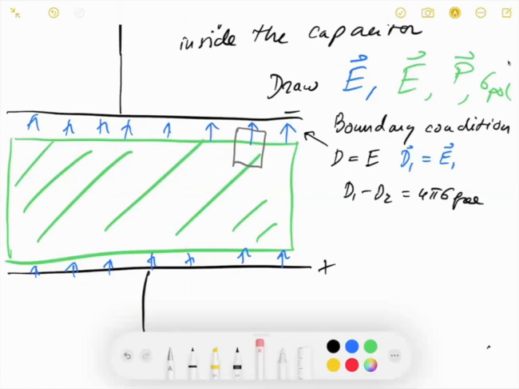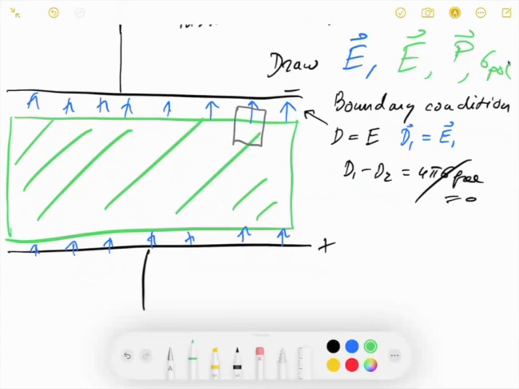Let's assume that this is an insulator, because things become different when there are free moving charges. So if it's an insulator and this thing is 0, then the displacement field in the green material is equal to the displacement field in the blue material.